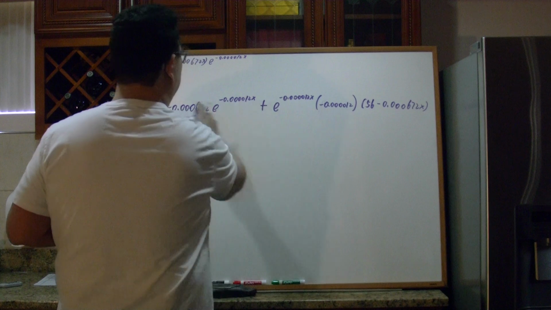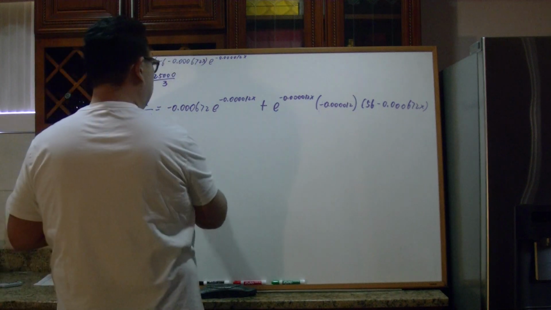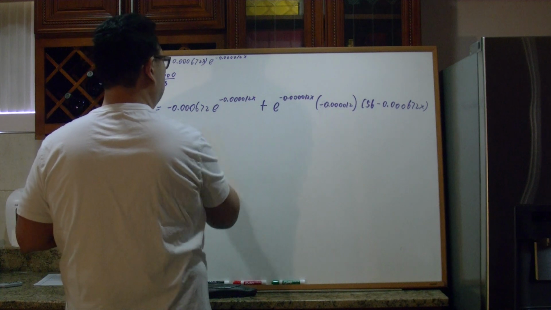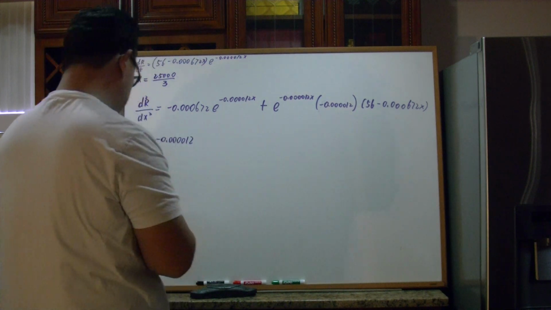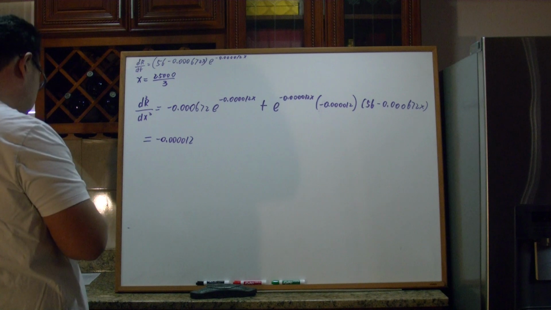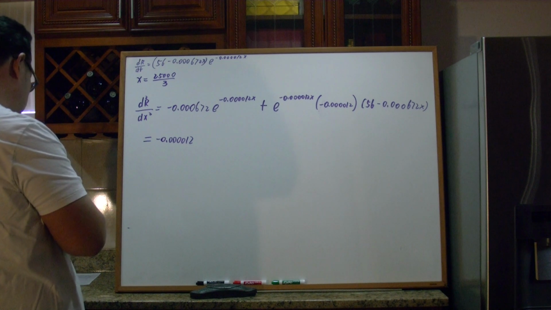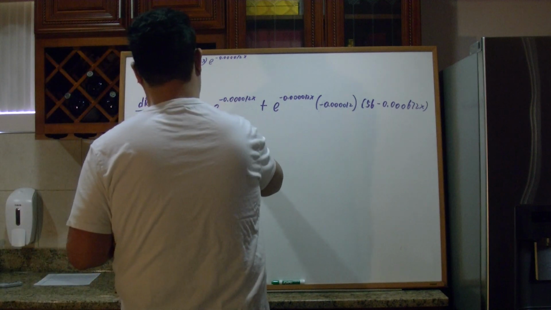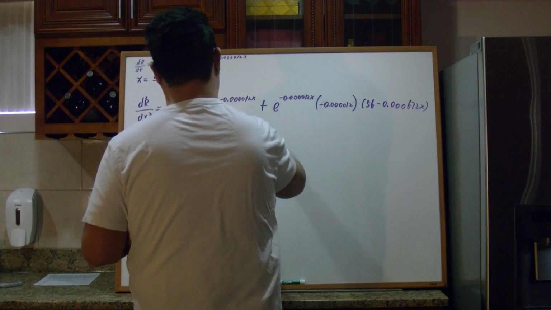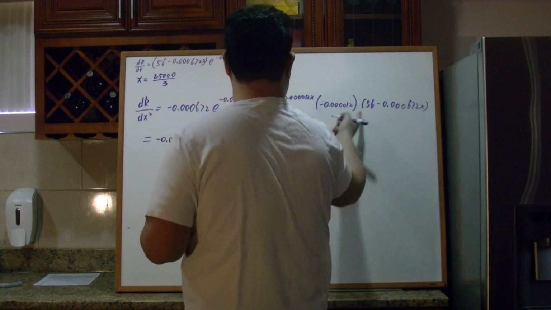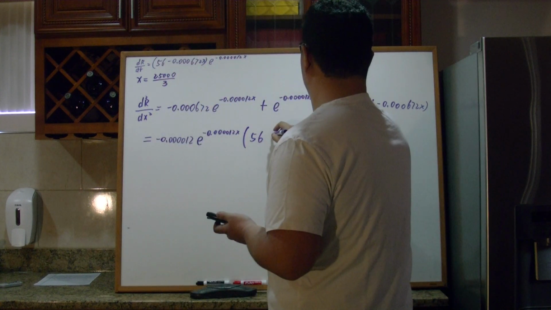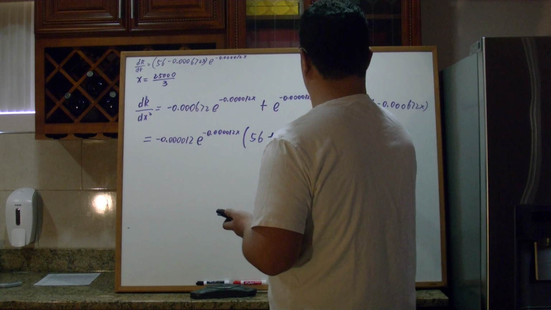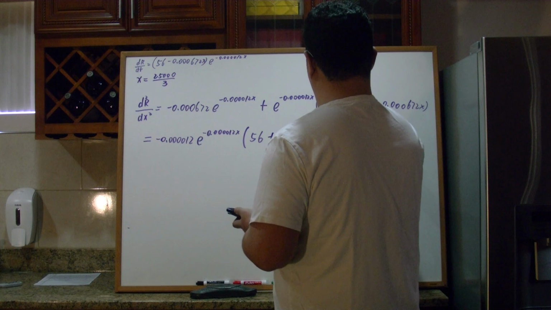Maybe factor out the negative 0.000012 e to the minus 0.000012x. We get 56 plus 56 minus 0.000672x.